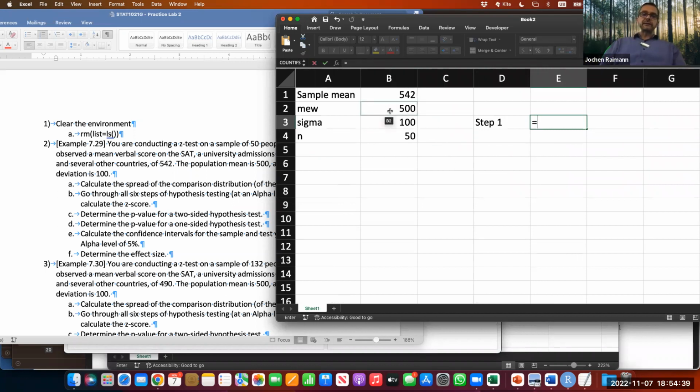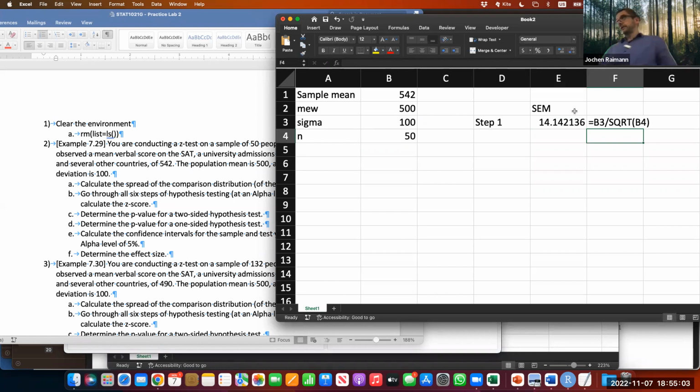That's easy. We calculate sigma, our population standard deviation, divided by the square root of n. Simple. So that's our SEM, the standard error of the mean.